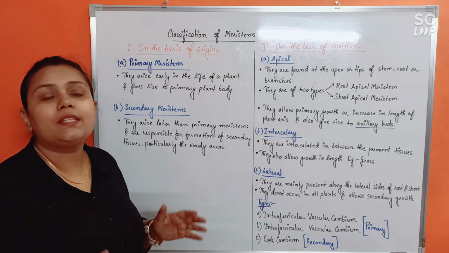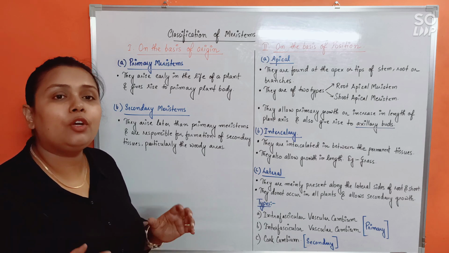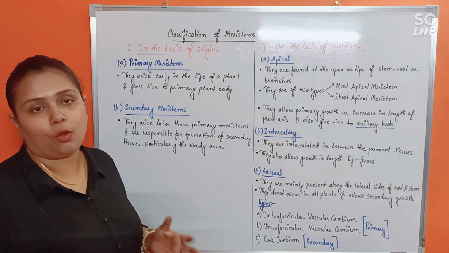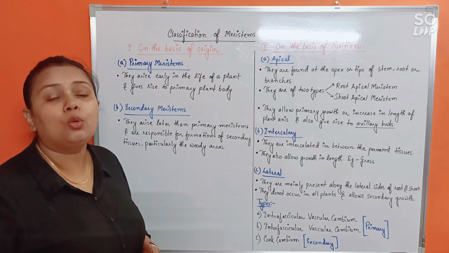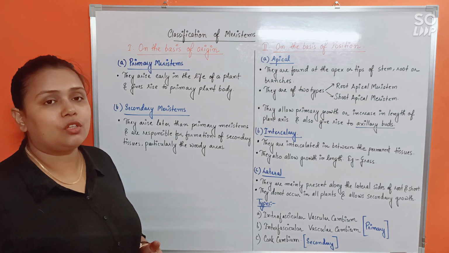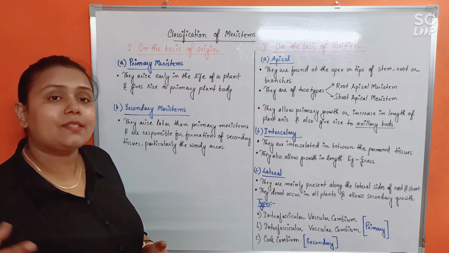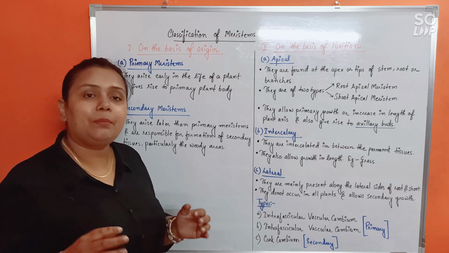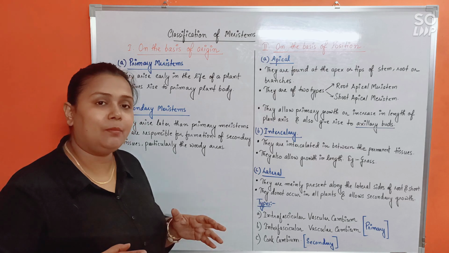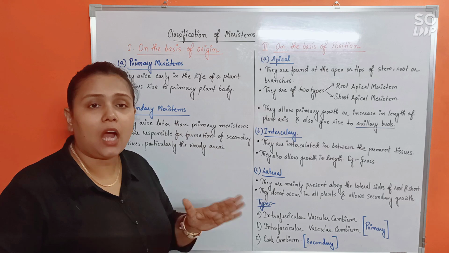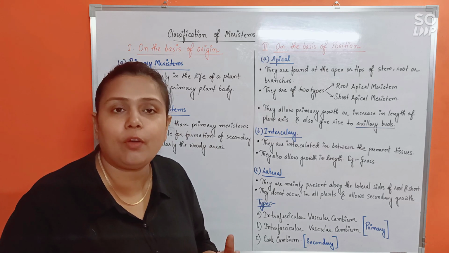Do remember, whatever growth the secondary meristems give rise to in the plant body would usually, or mostly, be forming wood. Wood formation is marked as secondary growth. Whenever the plant is very short or very young, do you see that the plant has started forming wood?